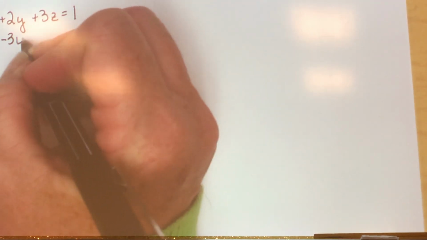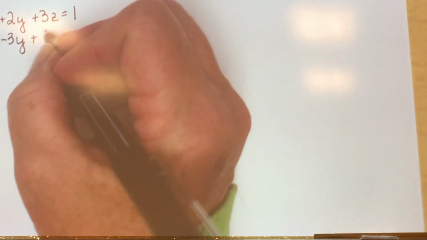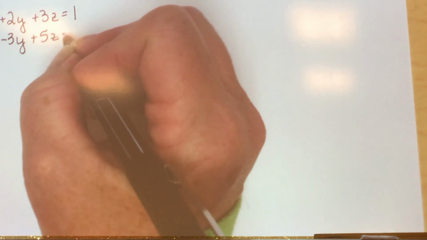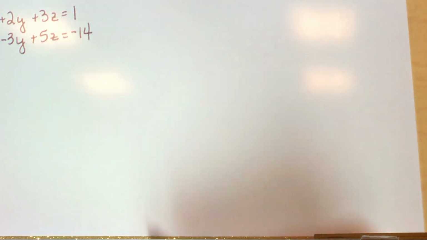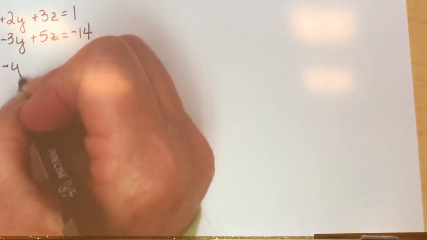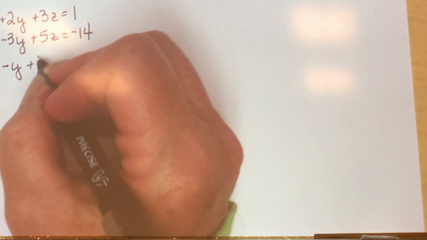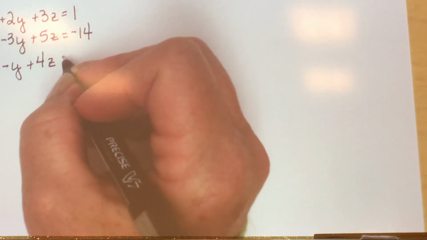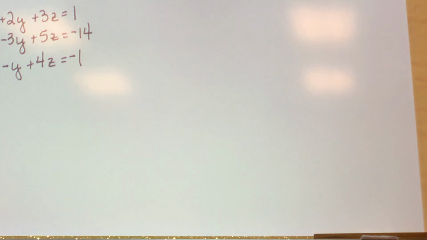Here's the second one. 2x minus 3y plus 5z equals negative 14. And here's the last one. 6x minus y plus 4z is equal to negative 1.